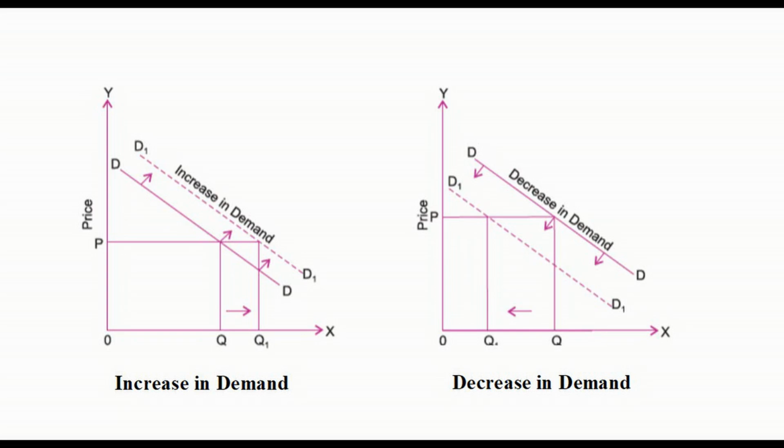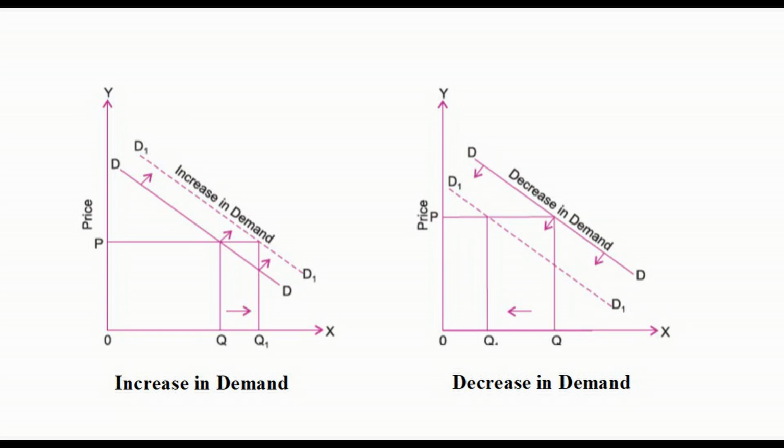On the right, when there is a decrease in demand, the new demand curve is going to be constructed to the left of the initial demand curve. Again, here also, there is no change in the price of the commodity. The change in demand, or decrease in demand, mainly results from changes in factors other than price.